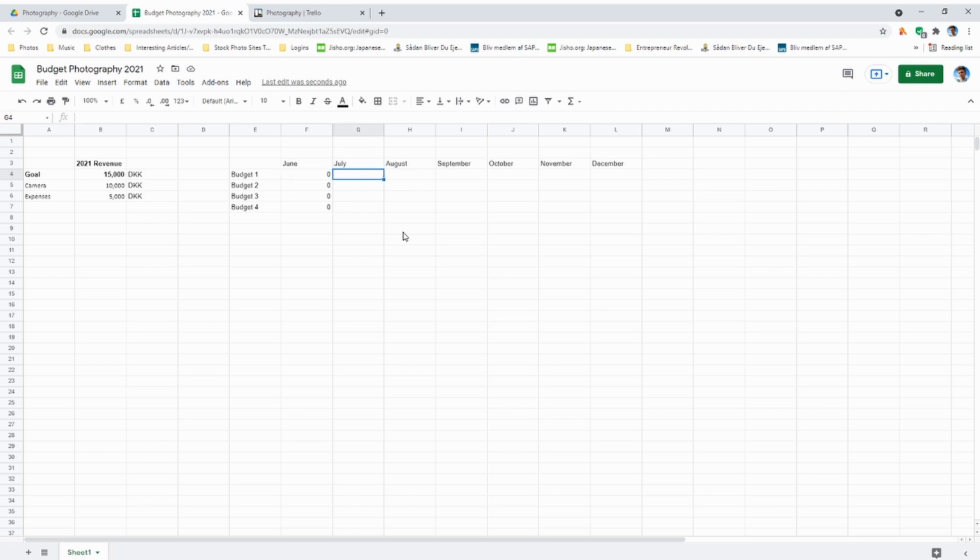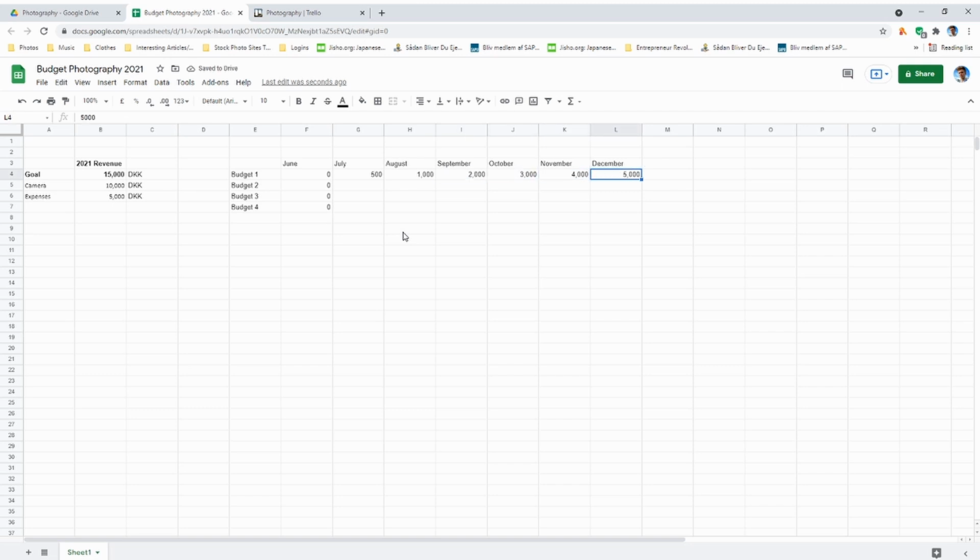Now this first budget is basically designed on the idea that we're going to earn little money early on, and it's going to steadily increase until we reach 5,000 Danish kroner in revenue in December.